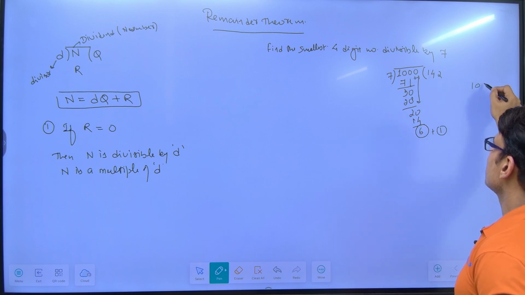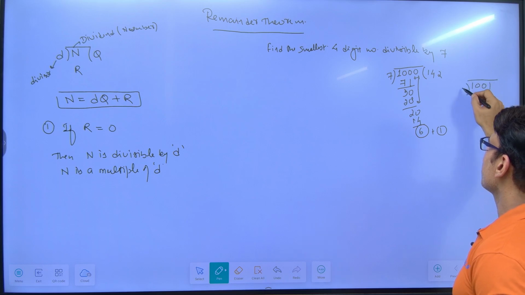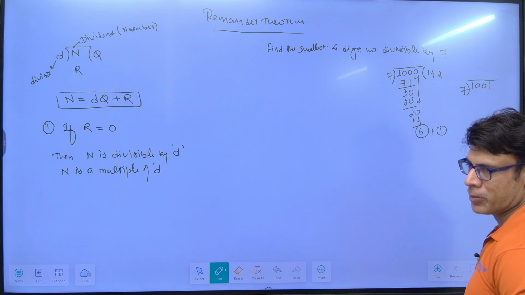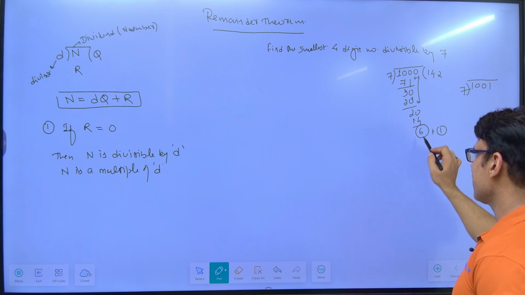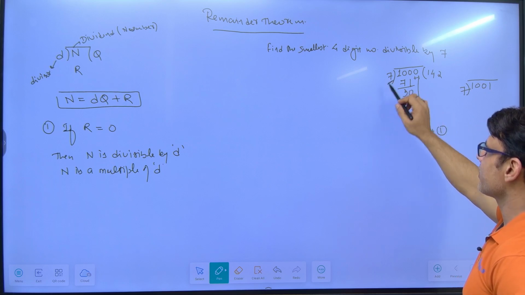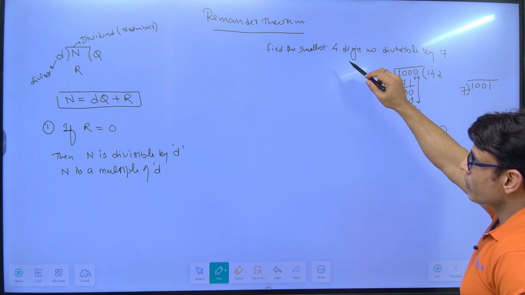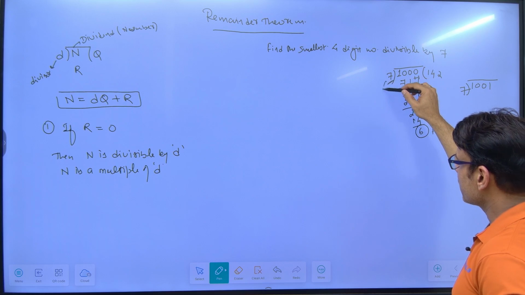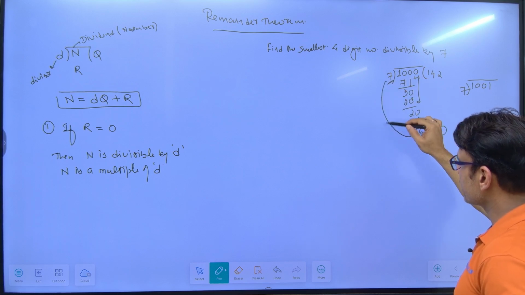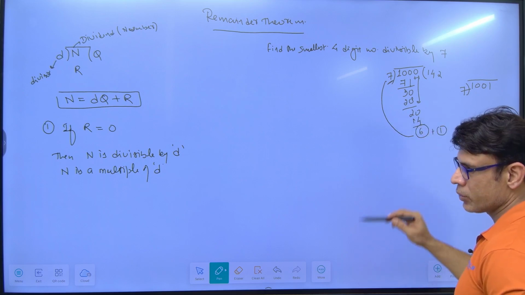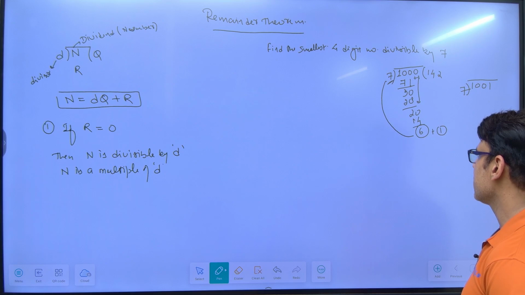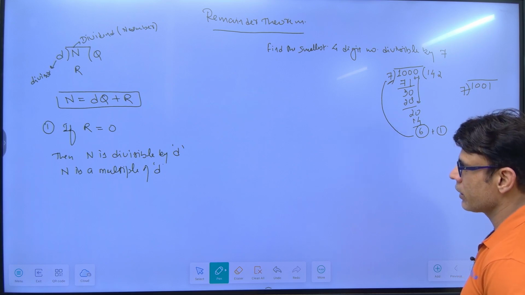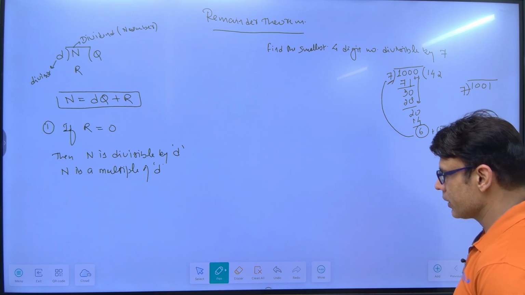If it was 1001, it would have been completely divisible by 7. We need 7 because divisor is 7. So whenever they ask you smallest or second smallest, the difference of 7 minus 6 should be added to the number. Difference of divisor and remainder should be added to the number. Very basic.